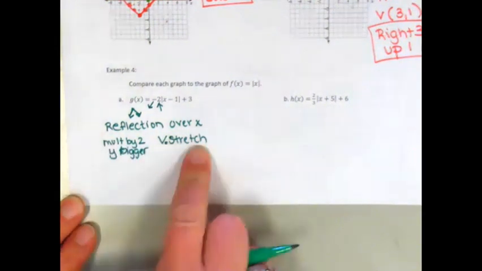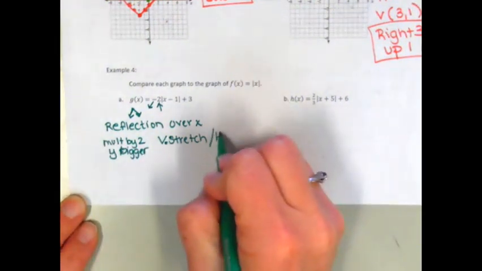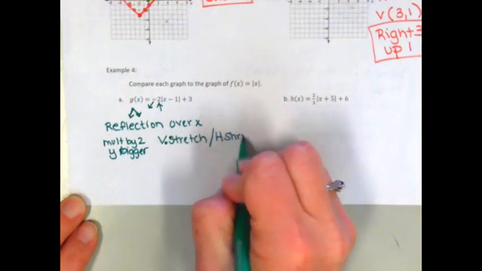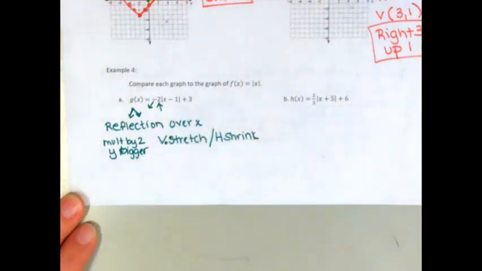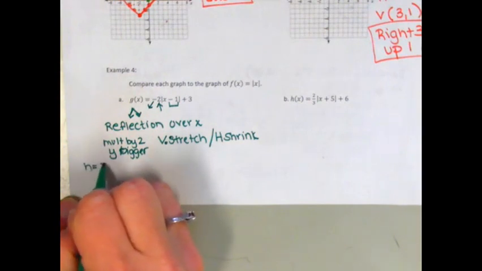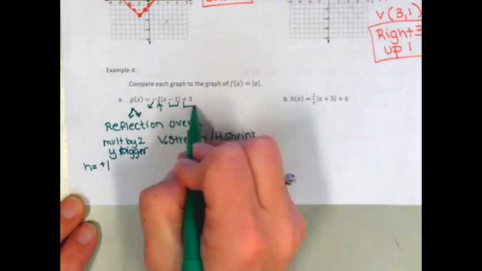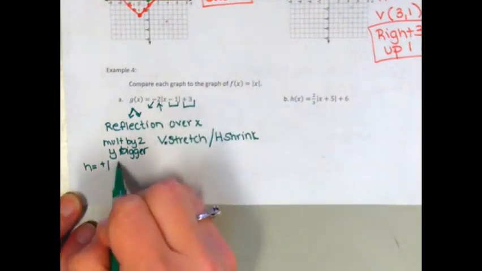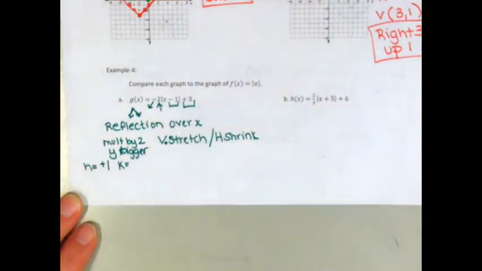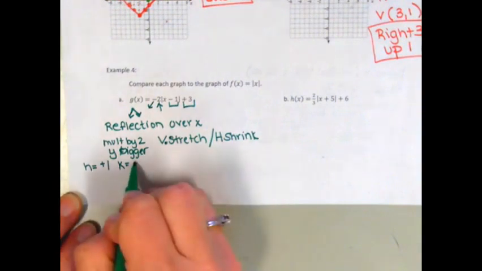So it's a vertical stretch, but a horizontal shrink. Great. All right. This -1, is that my h or my k? H, so h always lies, so we know it's a positive 1. The +3 is my k, and k tells the truth, so it's a positive 3.